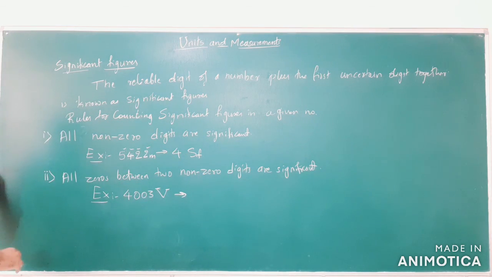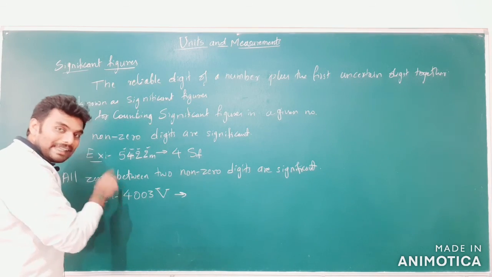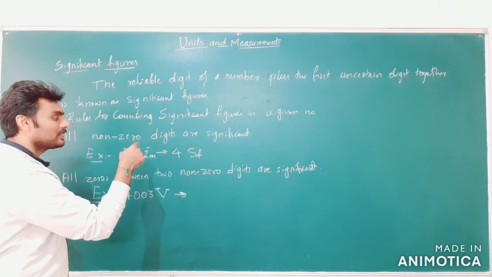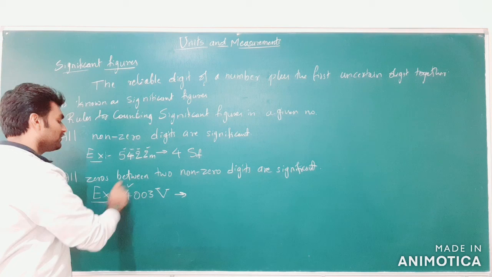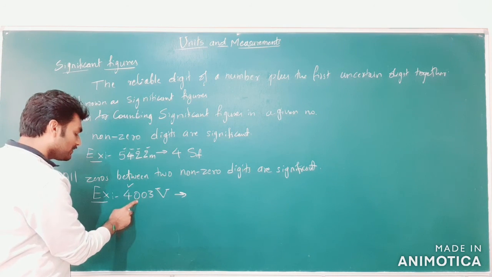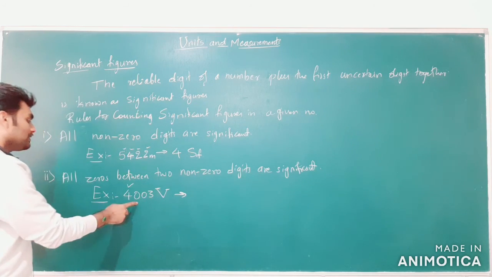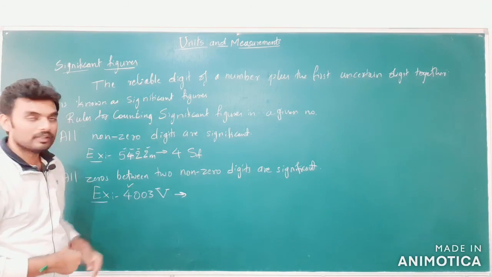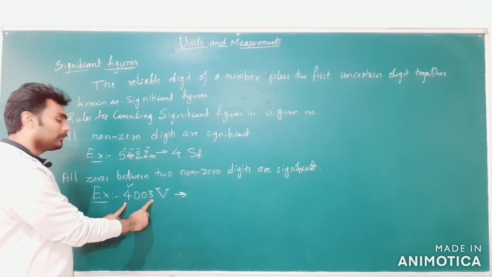So according to the rule, now we should get the total number of significant figures in this. Is the value 4 significant? Yes, it is, because the first rule says all non-zero digits are significant. 4 is a non-zero digit, so it is significant. Is this 0 significant? Yes, it is, because this 0 lies between two non-zero digits. See, this 0 is between 4 and 3, isn't it?